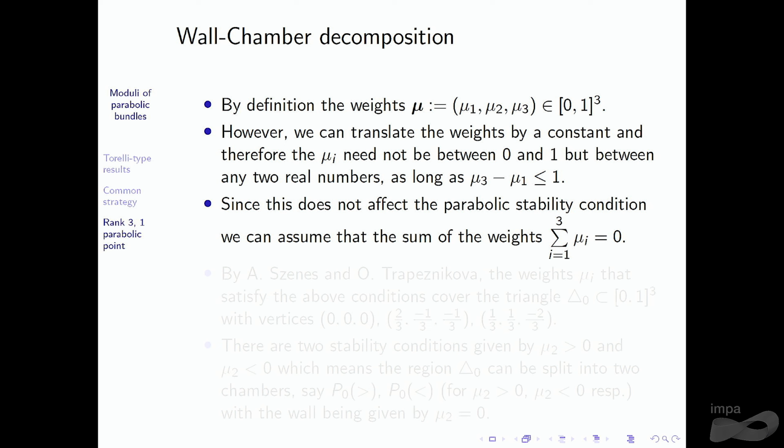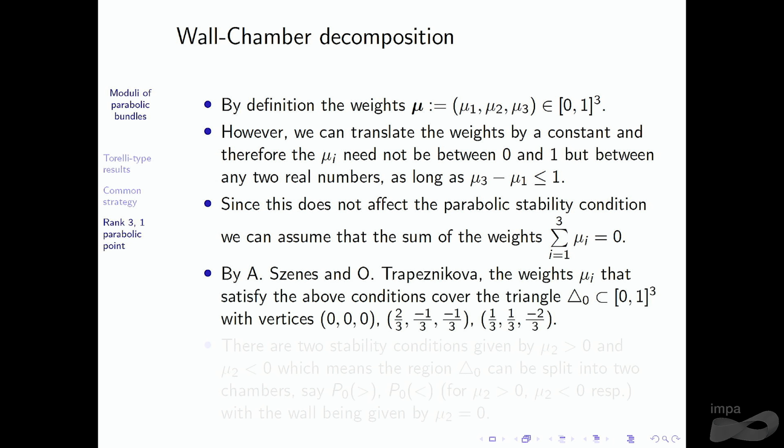So for our intents and purposes, we can just assume that the sum of the weights is 0. And actually, we found in an article by Andras Cézanne and Olga Trapeznikova, I will not be able to pronounce this correctly, I'm sorry, that the weights mu_i that satisfy these conditions form a triangle.